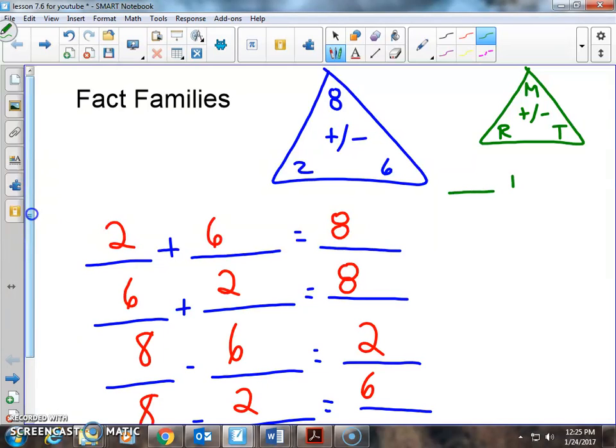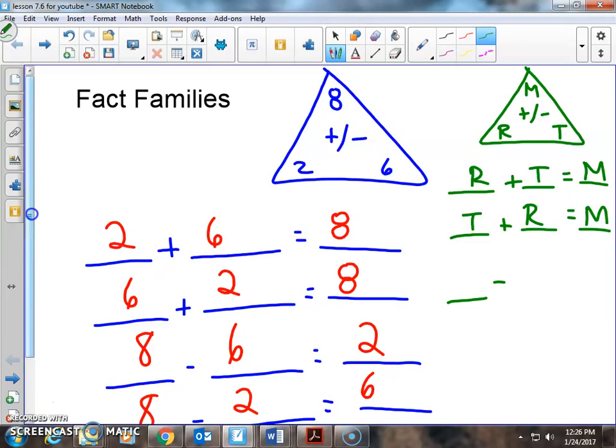Well, by adding, we know the two parts, R plus T, have to equal M. And you might be saying, well, what's R, what's T, what's M? It doesn't matter, because what we're trying to do is figure out a way to transform the formula. So another addition sentence, we know that since addition is commutative, we could do T plus R to equal M.